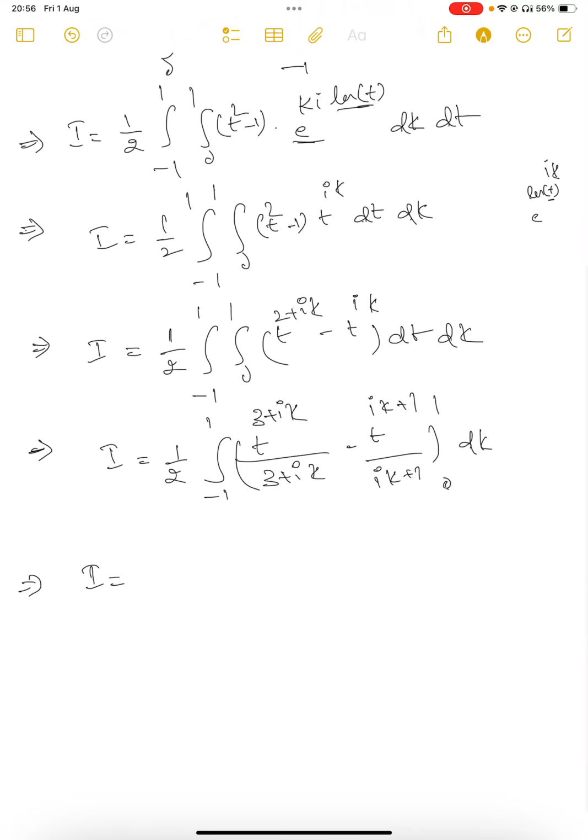Which is I equal to half of the integral from minus 1 to 1. As you can see, if we substitute 1 here, 1 power 3 plus ik will be 1. If we substitute t equal 0, it will go off. Similarly for the second case, the remaining part will be 1 by 3 plus ik minus 1 by 1 plus ik.